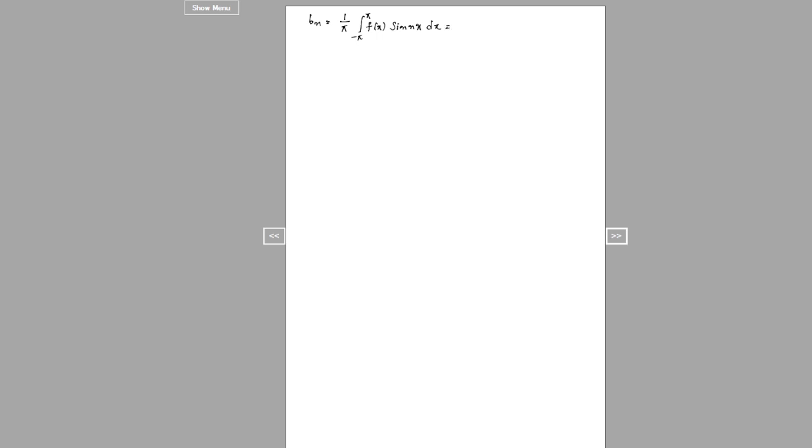Now split the interval: 1 by pi integral minus pi to 0 f of x sin nx dx plus integral 0 to pi f of x sin nx dx.